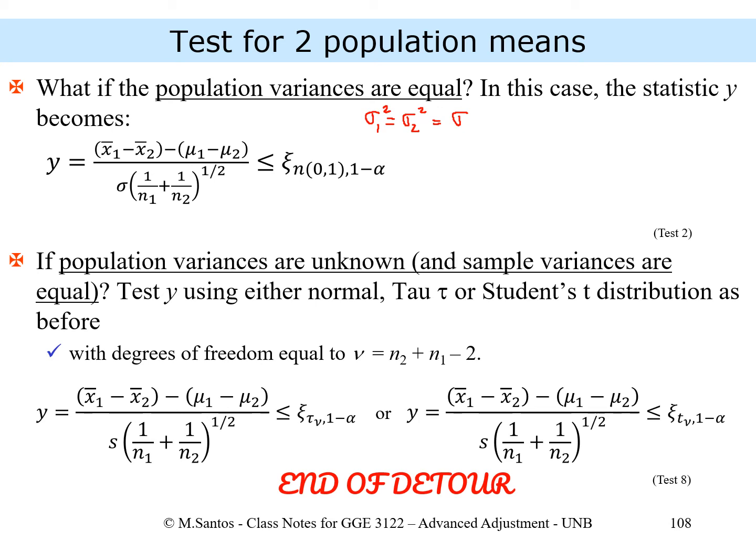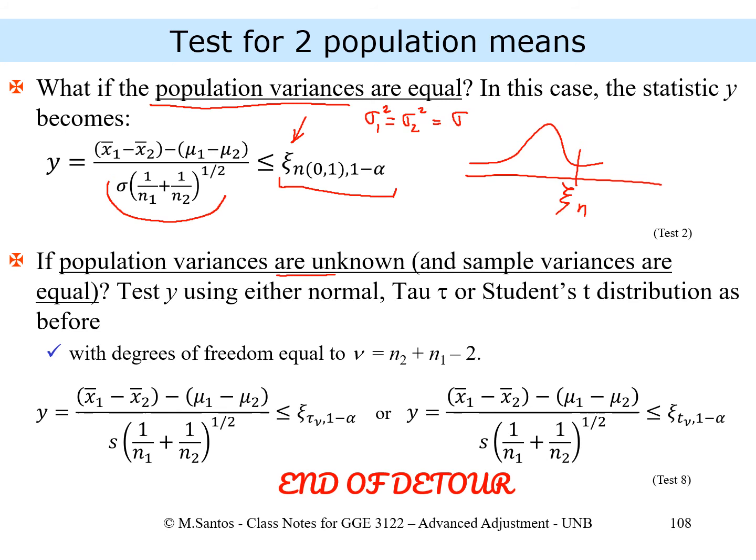So for this statistic now, the denominator is slightly different, but the threshold value will still come from the normal distribution, because we have the population variances. If the population variances are unknown, we are going to use either the tau distribution or the student t.